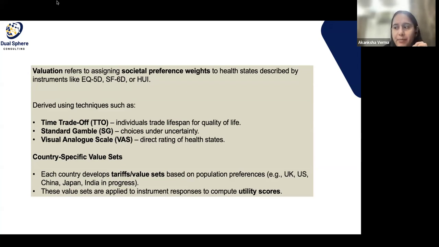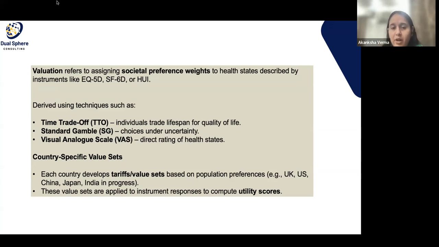Let's take one example, malaria. Within India or globally, malaria might be a concern for a particular country. On the other hand, it might not be very concerning for European countries, or it might be more concerning for countries where malaria is endemic, right? So basically, a disease has a different distribution across the globe.